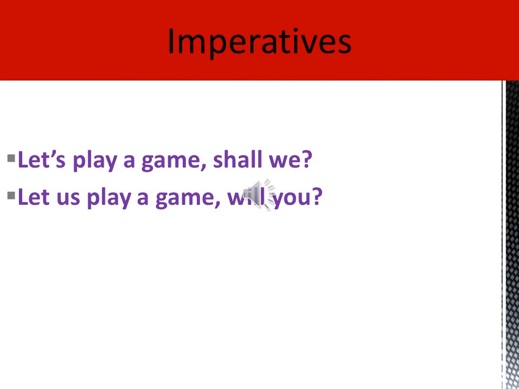And if a sentence starts with let only, then in this case we use will you. And in other imperatives also we use will you. For example, let me dance, will you? Write your homework, will you? Then write on the wall, will you?